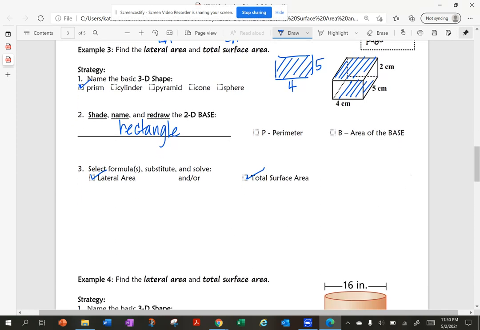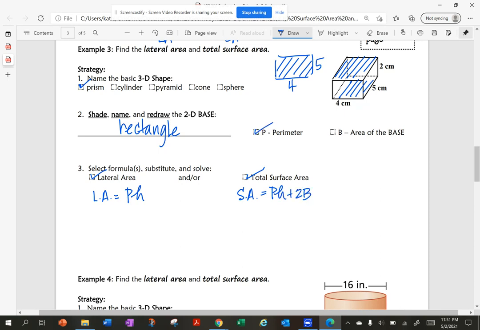So for a rectangular prism, the formulas are lateral area, and my total surface area, oops, I don't know, I gotta tell you what the formula is, not the answer. P times H, and my total surface area is P times H plus 2B.